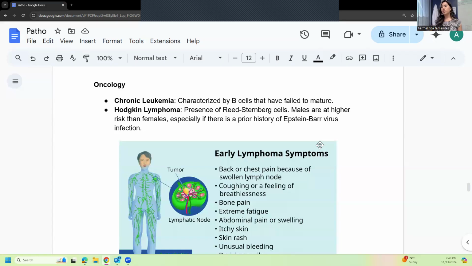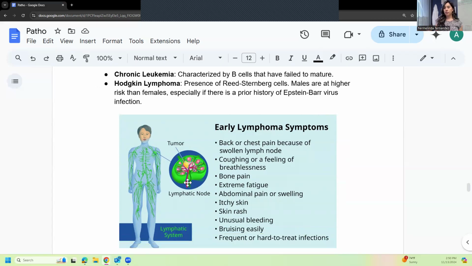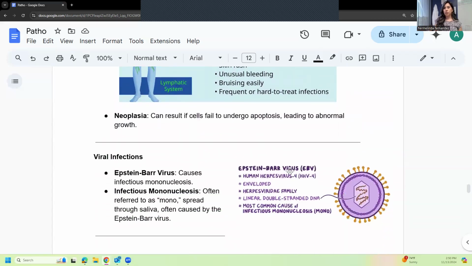Hodgkin's lymphoma is in the presence of Reed-Sternberg cells. The people most at risk would be males. They're at higher risk than females, especially if they have a history of the Epstein-Barr virus. Okay. Neoplasia can result in cells that fail to undergo apoptosis, leading to abnormal growth.